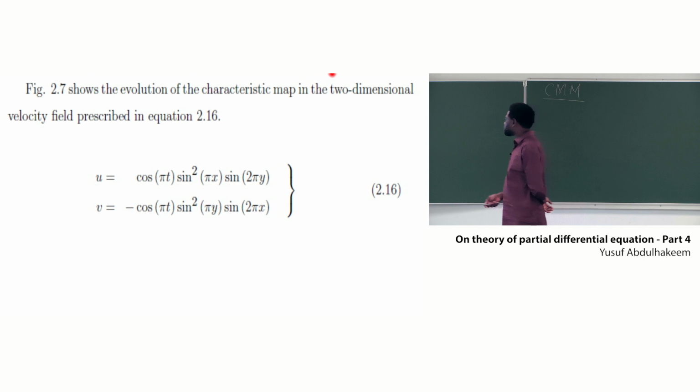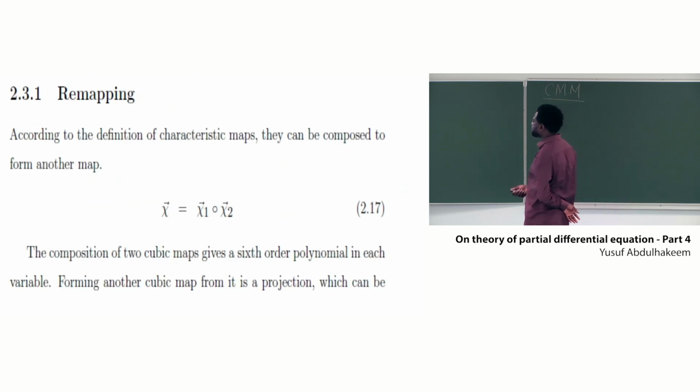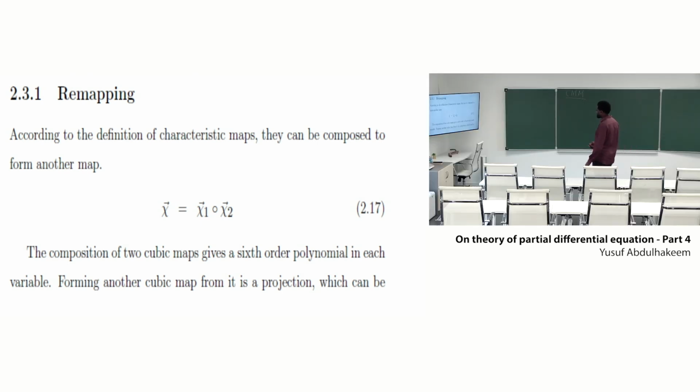So here, if we are talking of two dimensions, u is a velocity along x, and this v here is a velocity along y. Now, remapping. According to the definition of the characteristic map, maps can be composed to form another map. If we look at the flow map, by the time we take the composite function of two flow maps, we are going to get another flow map.